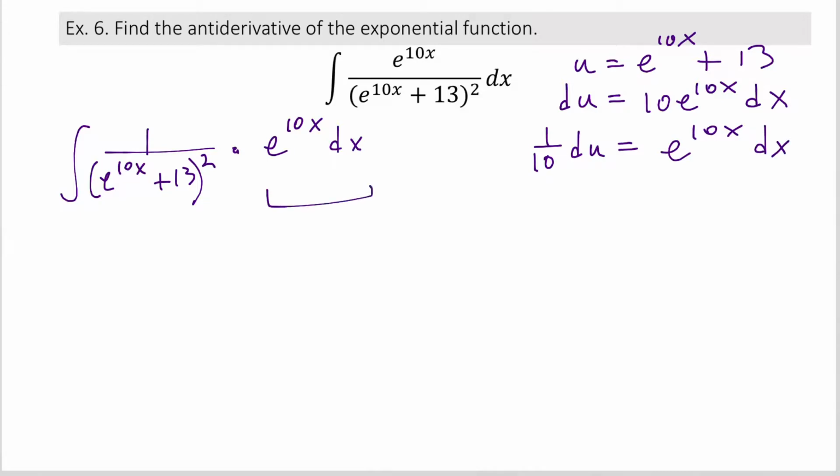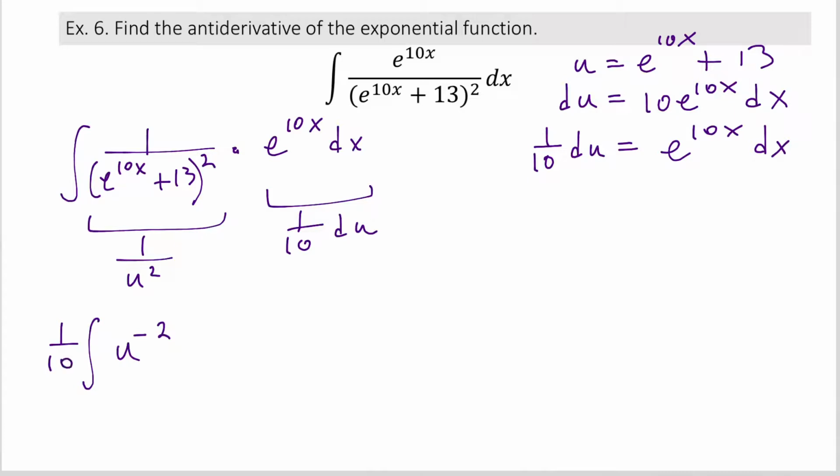So that makes this part here 1/10 du. This part here is 1 over u squared. So I have the integral of, let's call 1 over u squared u to the negative 2 times 1/10 du, put the 1/10 in front, the du here.